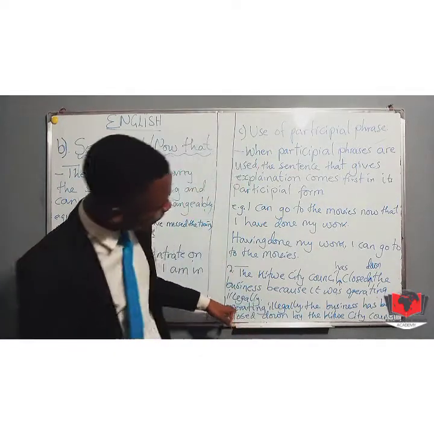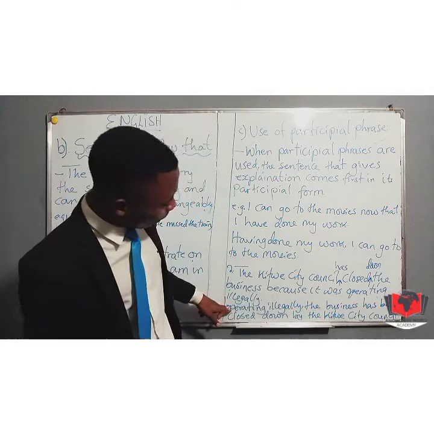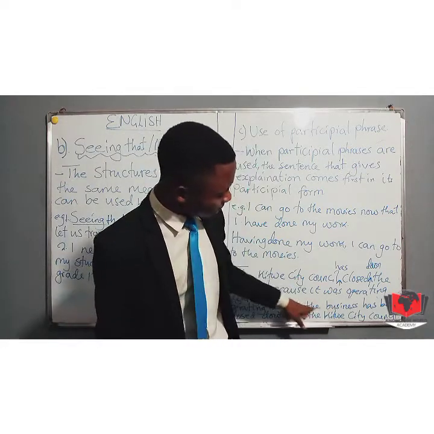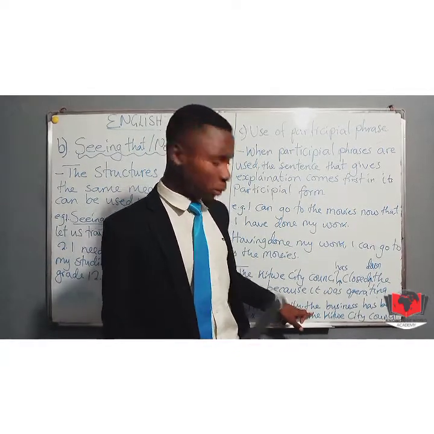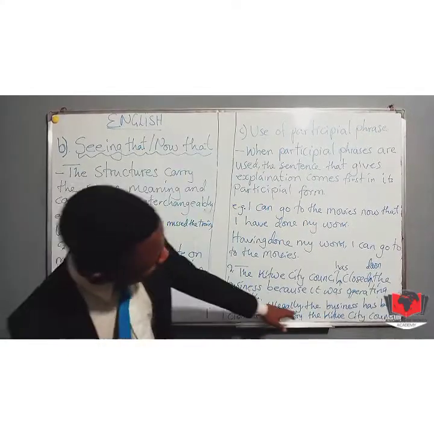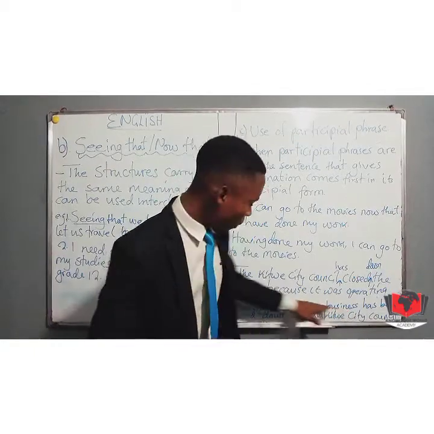So when you say operating illegally, then the thing that was operating illegally should be mentioned first, just after the first sentence. When you put a comma, don't forget. The business is the one that was operating illegally.